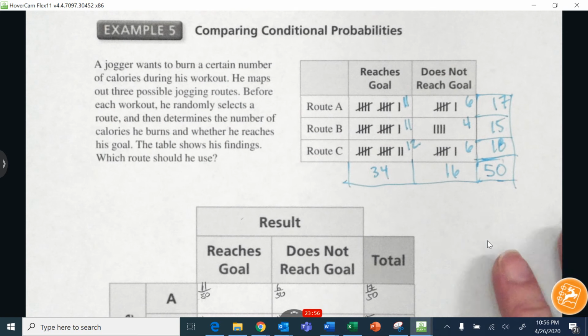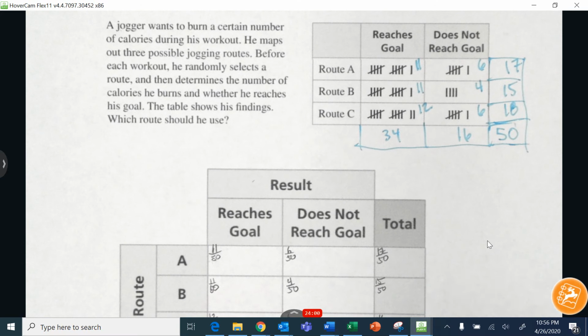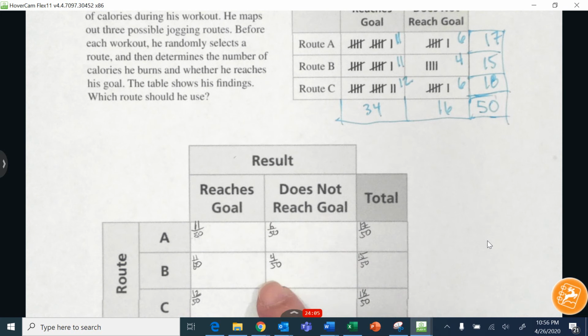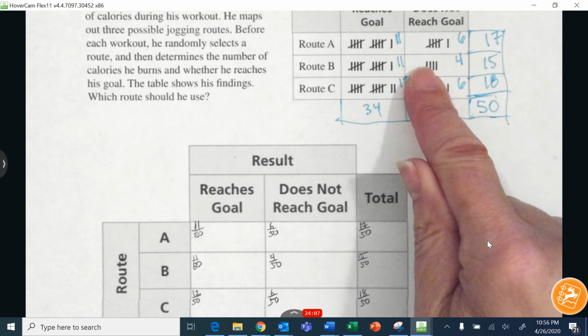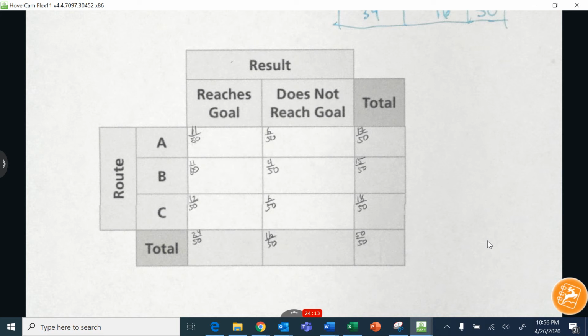And then to find the joint relative and marginal relative frequencies, we're going to take everything in this table up here, and we're going to divide everything by 50. So we're going to take it over the total. So that's what I did here. I used my calculator.